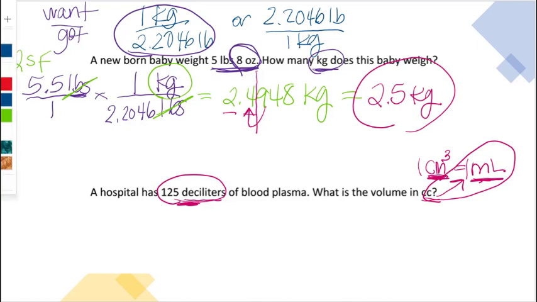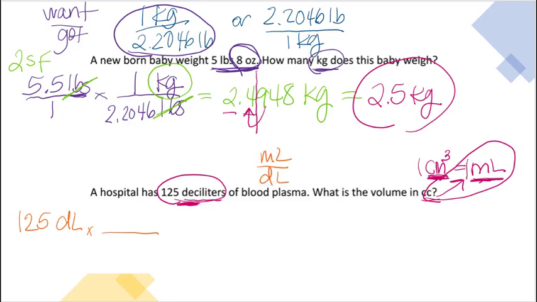We're going to start with our 125 deciliters. And like I said, normally it's what you want over what you got. But if I said, what do I want? I want milliliters, and what if I got deciliters? And our little rule of you put a 1 next to your prefix, that's not going to get us anywhere, is it? We have to get to our base unit.